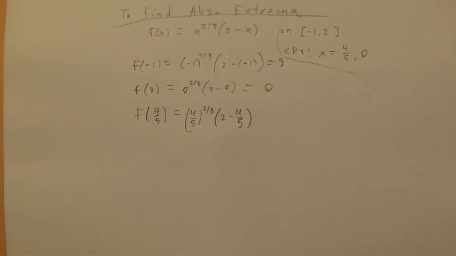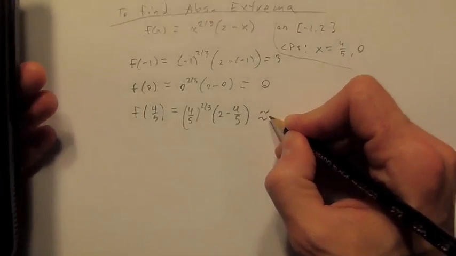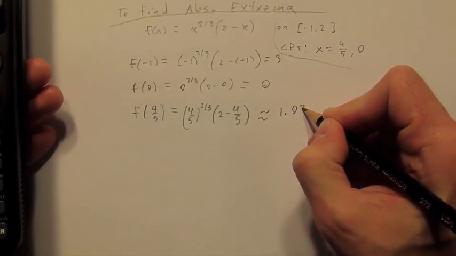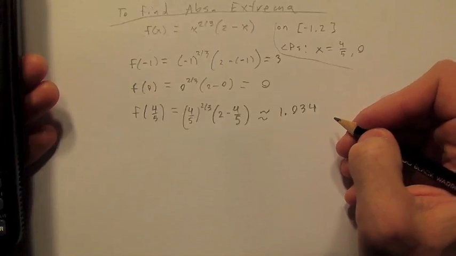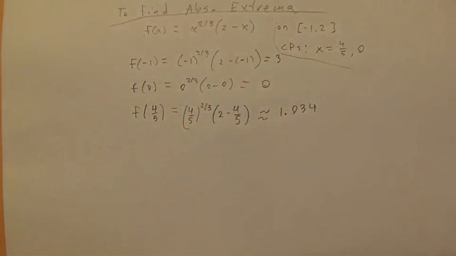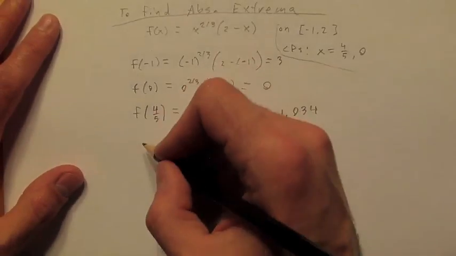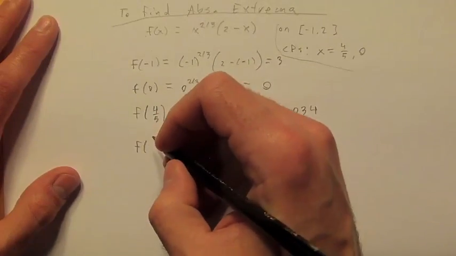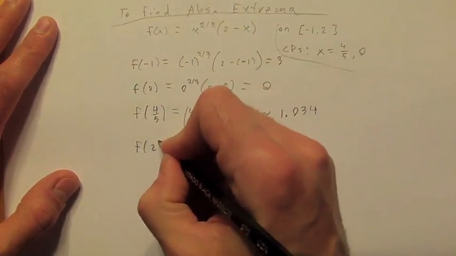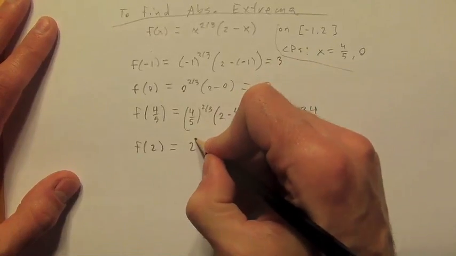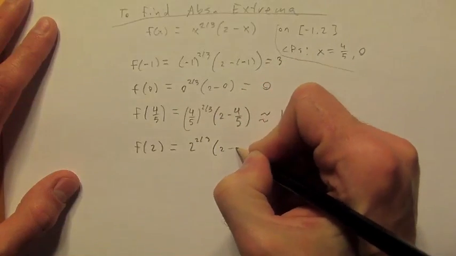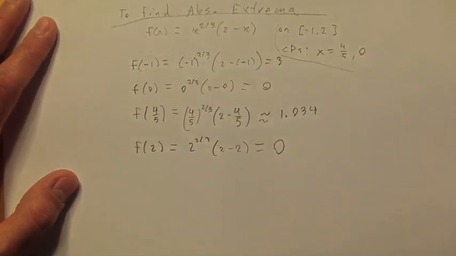And you get something fairly nasty here. It's 1.034, and that's good enough. Remember, we're just trying to find what's the highest and lowest point, so it doesn't have to be exact. And now when I plug in 2, because that's my last endpoint, I'm going to get 2 to the 2/3 times 2 minus 2, and that comes out to be 0.